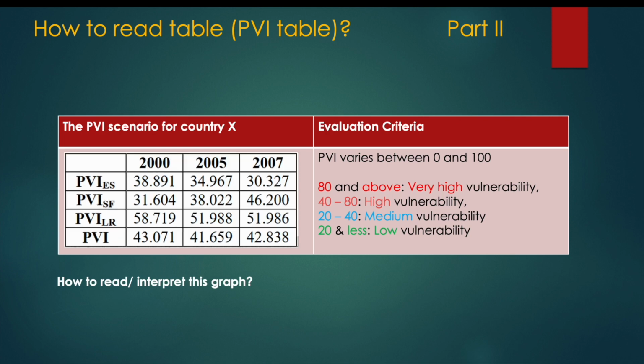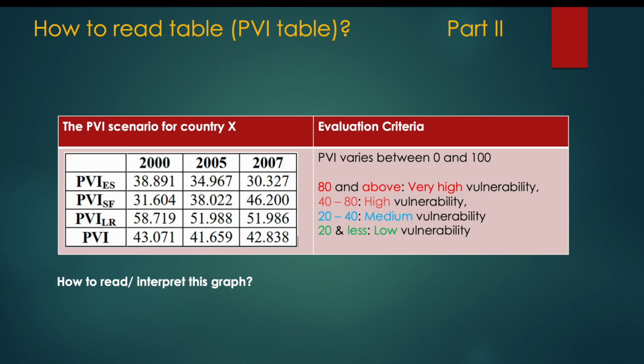It is the PVI of the hypothetical country X, the PVI of years 2000, 2005 and 2007. So in these years we can interpret the table based on the evaluation criteria mentioned on the right hand side.